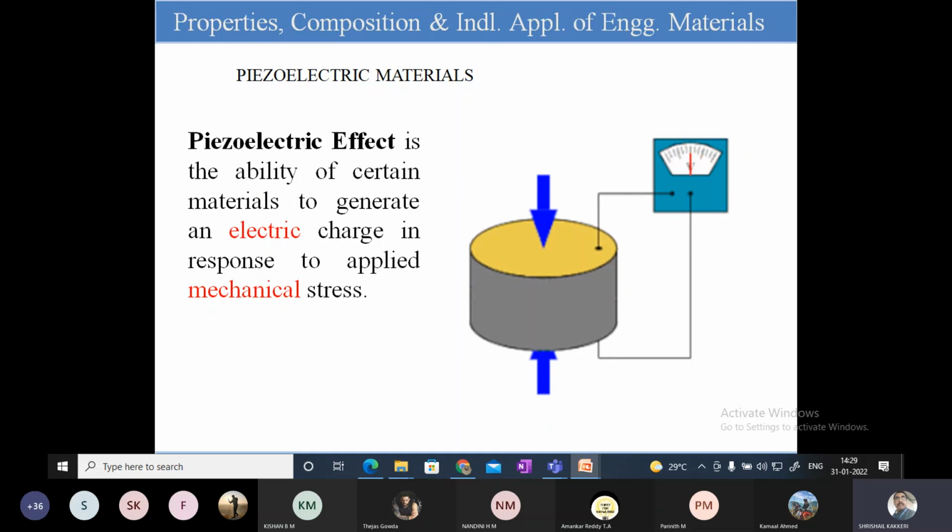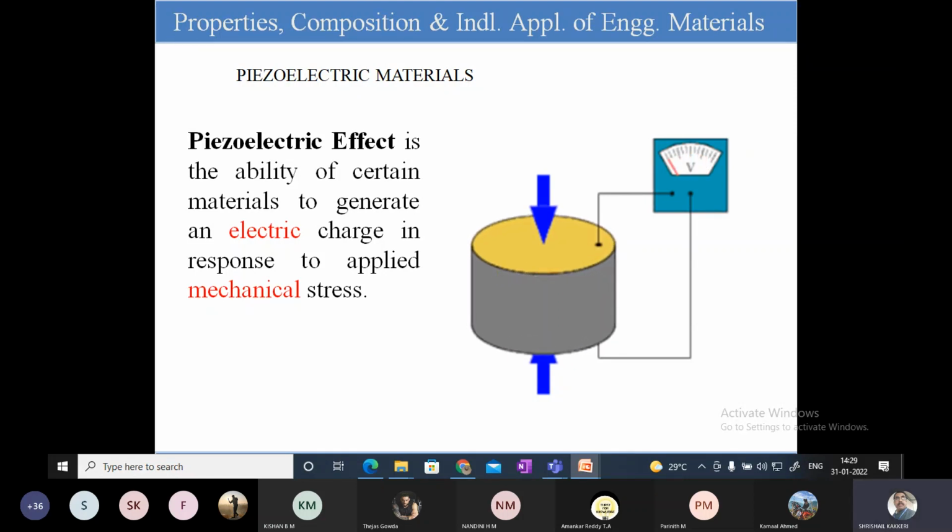Certain non-metallic materials exhibit different properties. When they are subjected to an electric field, there will be a change in the mechanical output. Or in other words, when you apply a load onto this material, there will be a change in the resistivity of this material and the output voltage will be proportional to the input applied load.